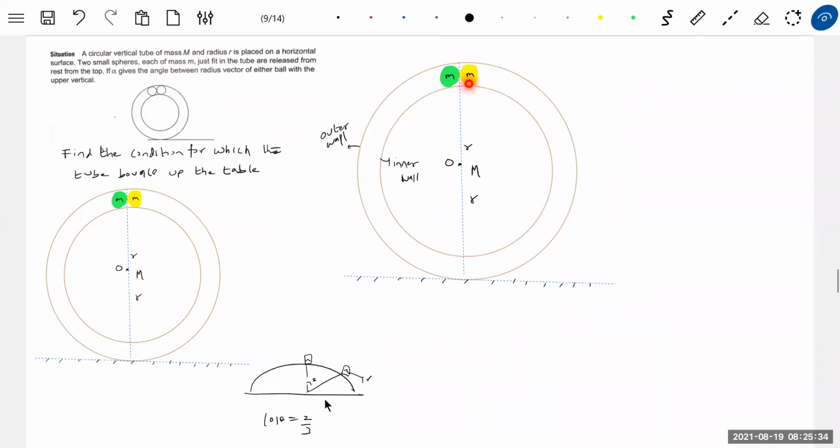As these two slide, they lose contact from the inner wall. When they lose contact, they want to fly off, which the outer wall will not permit. So definitely these balls will come in contact with the outer wall. They'll exert a force. That normal contact can now lift this particular tube. Hope everyone is able to understand now.